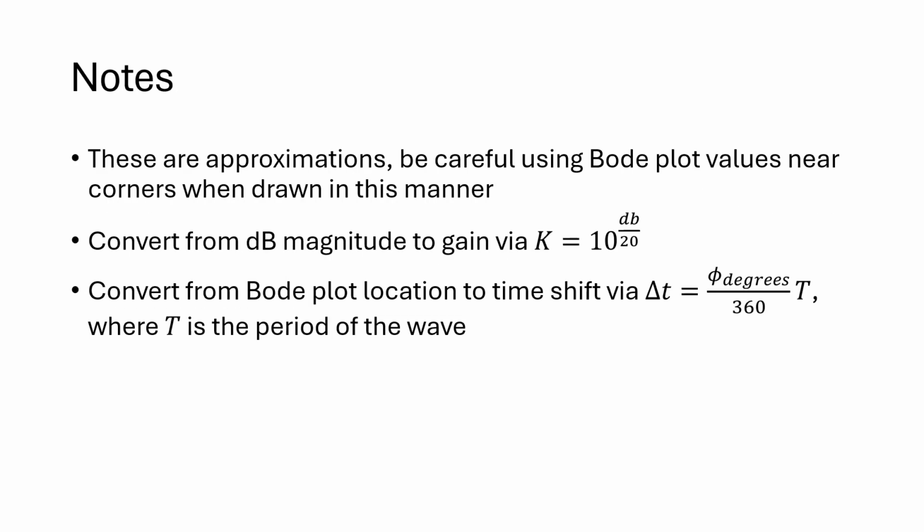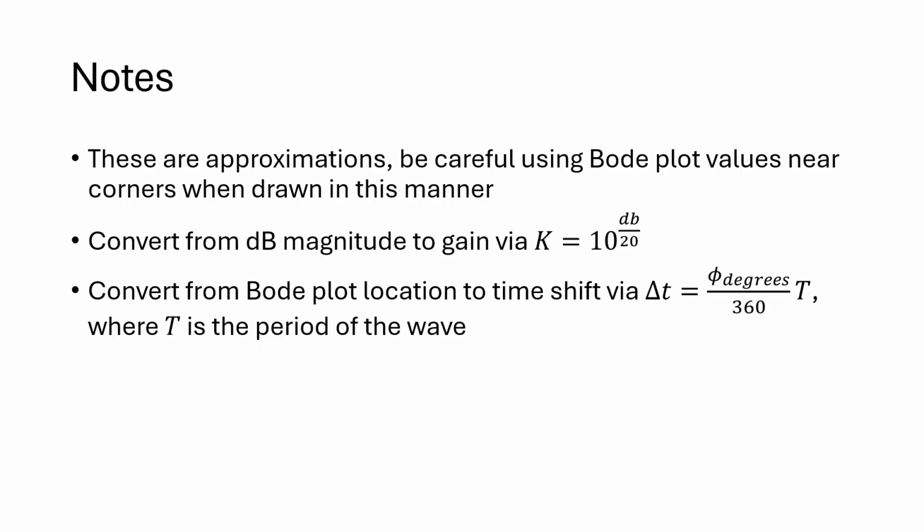Something that's important to note when we are looking at these Bode plots is because we've drawn them by hand with these sharp corners, they are approximations. And so what that means especially is you want to be careful when using values in a hand-drawn Bode plot that are close to the corners.